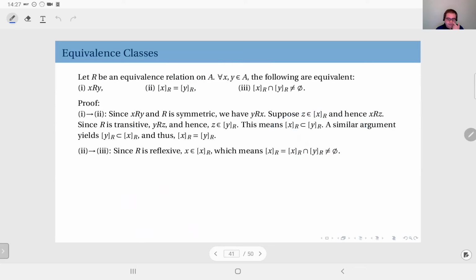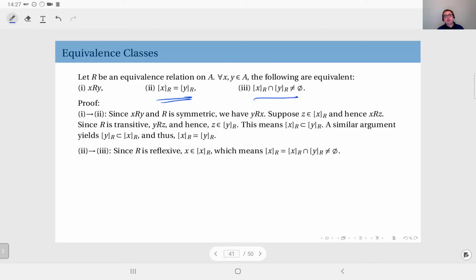Let's look at the second part. 2 implies 3. Now let's see what this means. The equivalence classes of x and y are equal. Does this imply that the intersection of the equivalence classes of x and y is non-empty? Now we know that R is an equivalence relation, which means that it's reflexive.